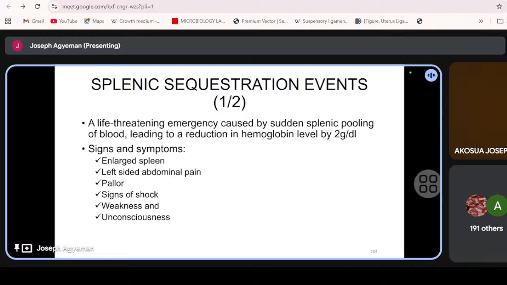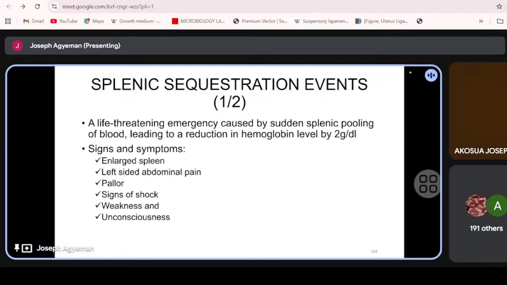You can give IV immunoglobulins to neutralize the virus. So in severe cases, IV immunoglobulins may be needed to go in and neutralize the parvovirus so that we don't get aplastic events again. This is how aplastic event occurs and how it is managed.